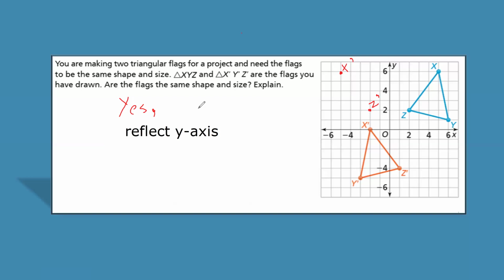Let's count. 1, 2, 3, 4, 5, 6 down. 1, 2, 3 to the right. So, 6 down, 3 to the right. And what happened to them? Translate.